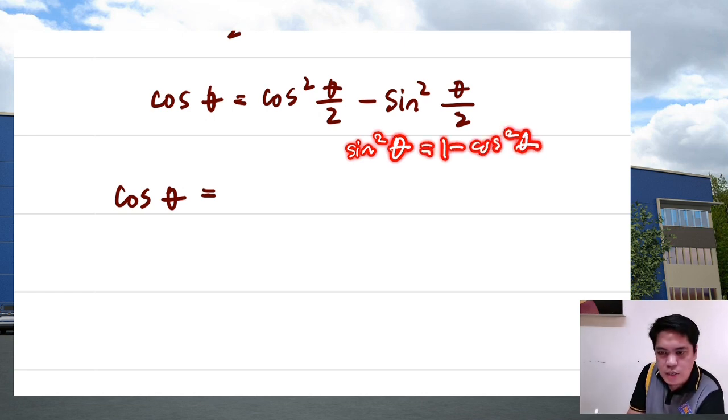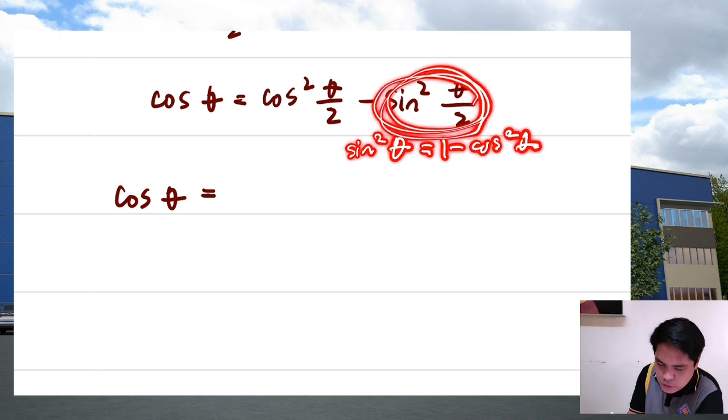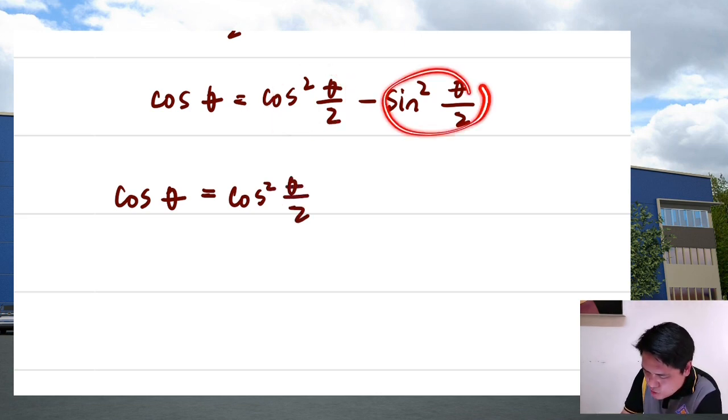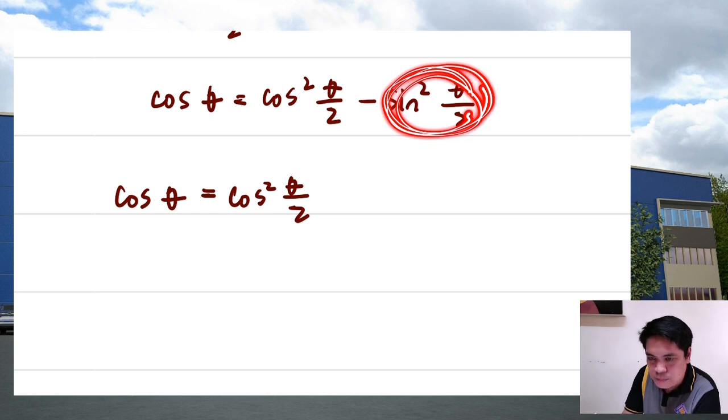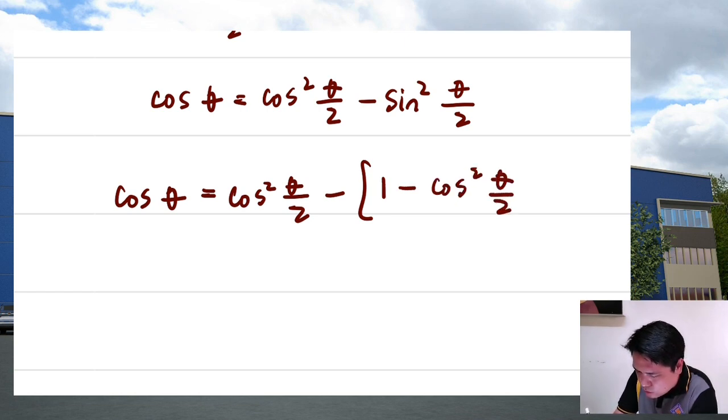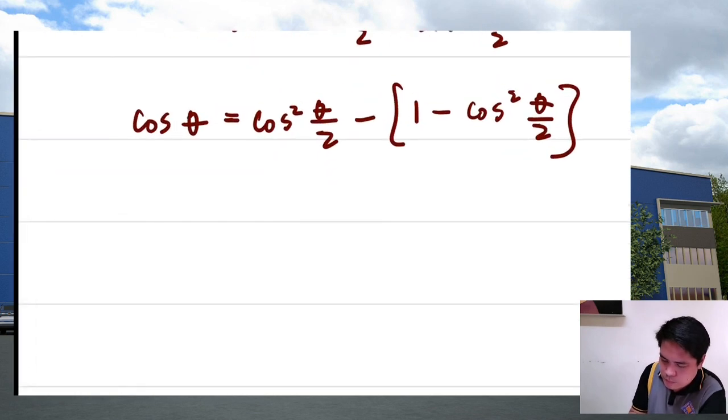That's Pythagorean identity kanina na na-discuss. So I could replace this with 1 minus cosine squared theta. So that would be cosine squared theta over 2. Ayan. So I could replace this by its Pythagorean identity. So that's minus, replace natin by 1 minus cosine squared. So the angle is theta over 2 pa rin. Ayan.